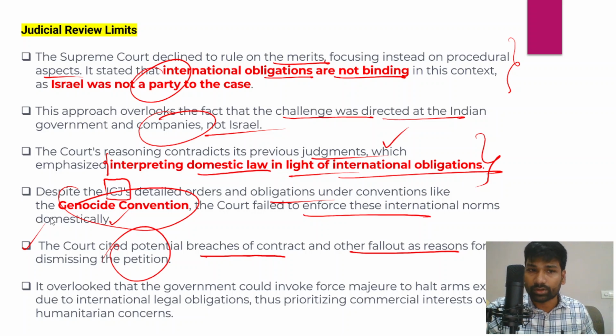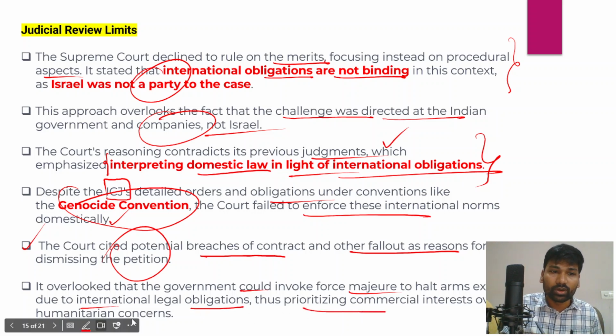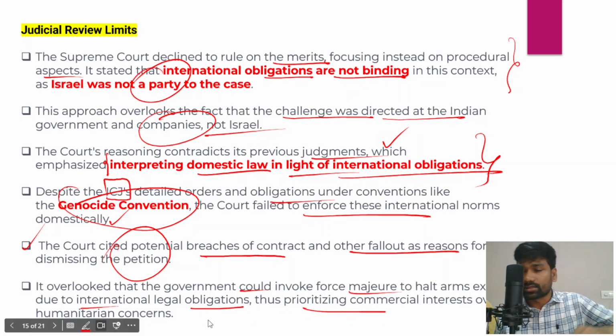And the Supreme Court has also overlooked that the government could invoke force majeure, which would allow it to halt arms exports due to international legal obligations, thus prioritizing commercial interests over humanitarian concerns.